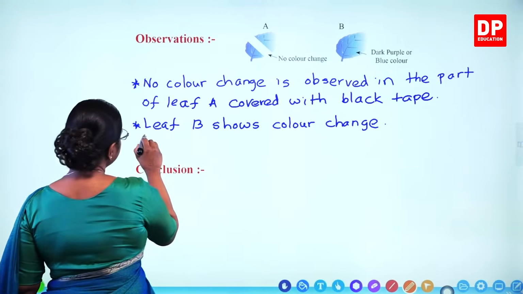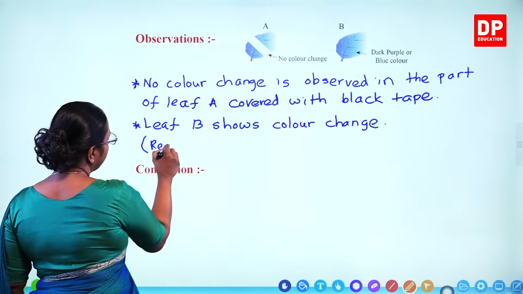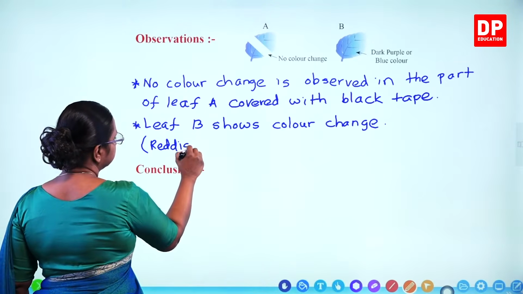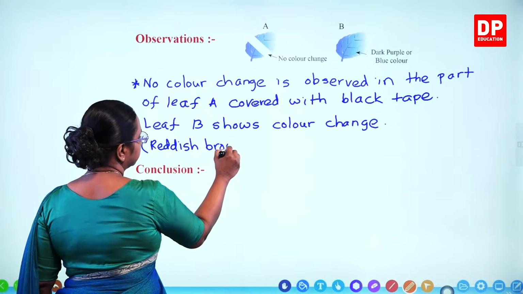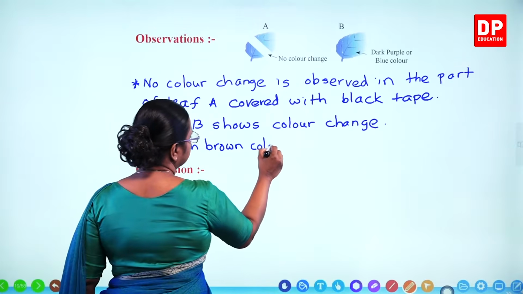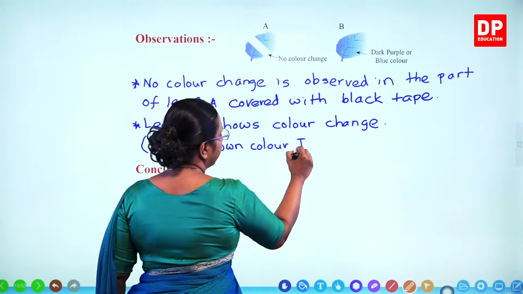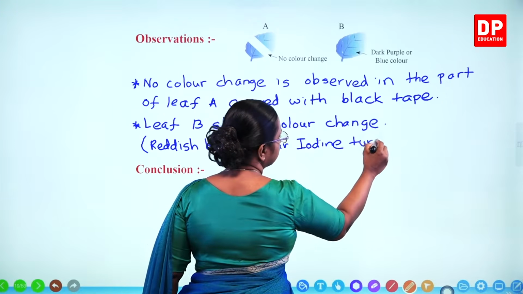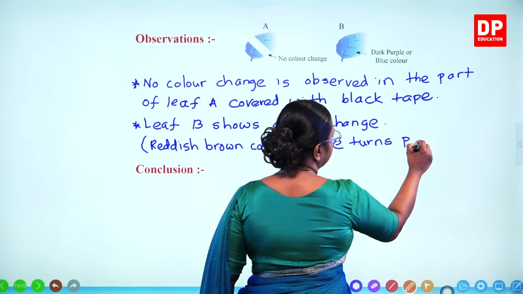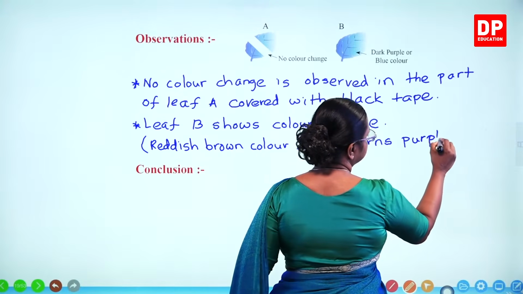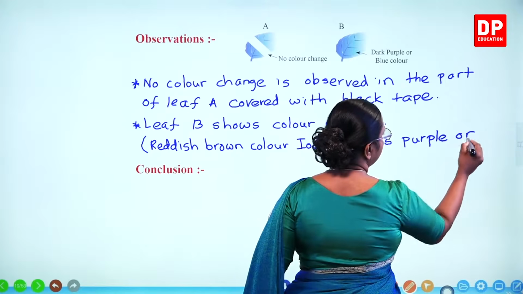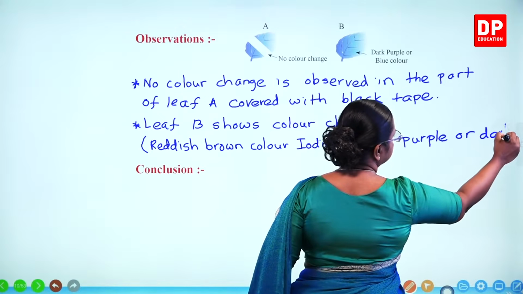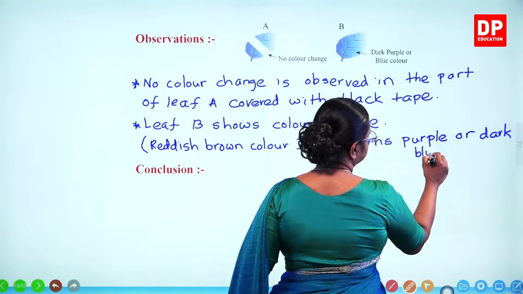What is the color change? The reddish brown color. Iodine turns purple or dark blue.